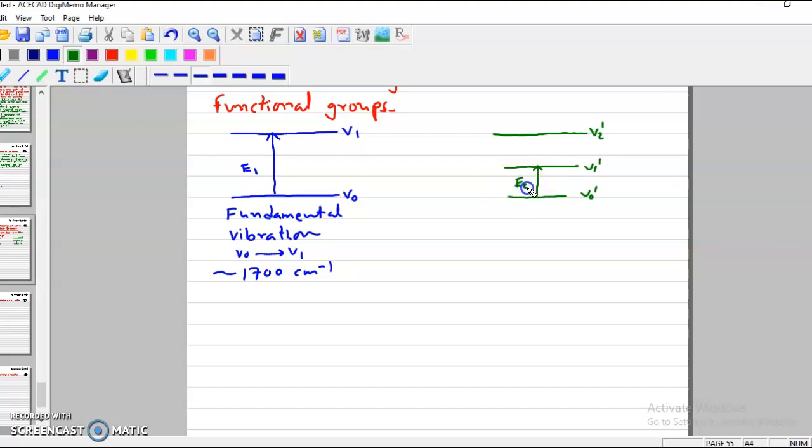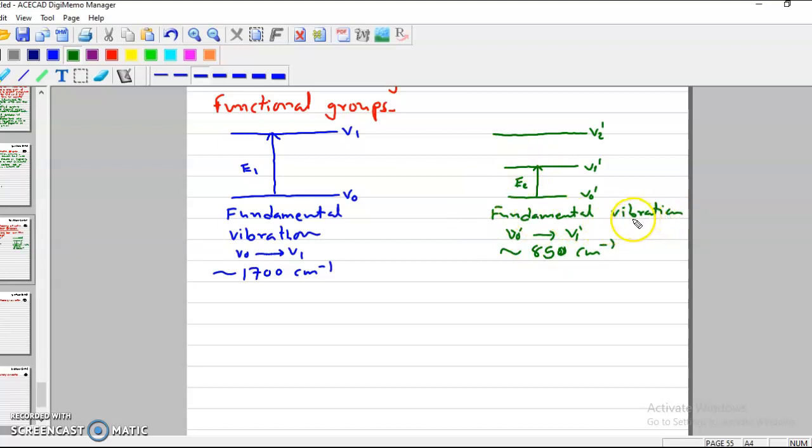Suppose the energy required for this one is E2. As vibration occurs from V0 prime to V1 prime, it is also a fundamental vibration, and for example, if the frequency is about 850 centimeter inverse plus or minus 10, then it is fundamental vibration.